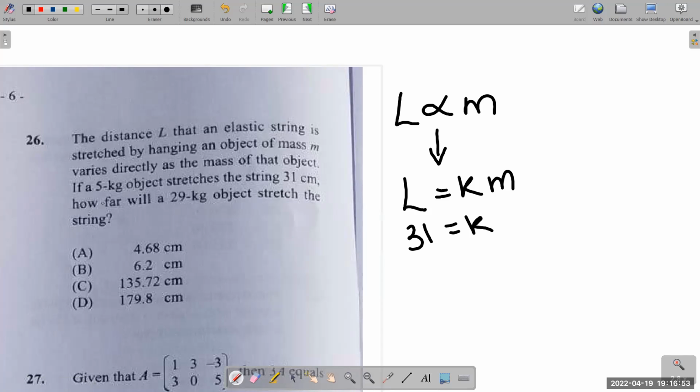But they give us a mass. So obviously, M is going to be what? 5. Everybody following so far? How do we find K? We transpose, right?